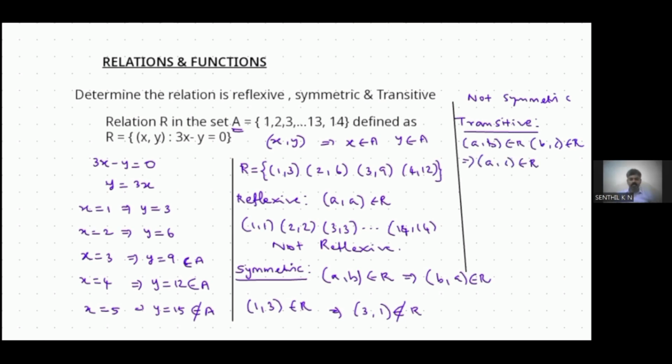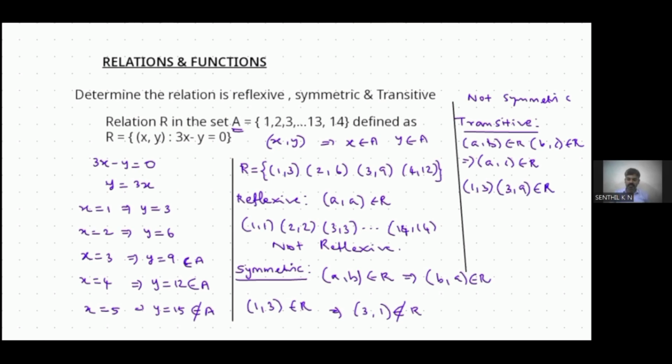Here we can take two elements from R, that is (1, 3) and (3, 9). How to take the second element? The second element of the first pair is 3. The next pair should start from 3 alone. So here we have (1, 3), so the next must start from 3, and we can take (3, 9). Yes, we have them in the form of (a, b) and (b, c).